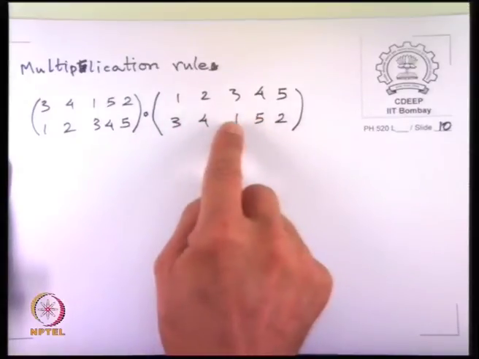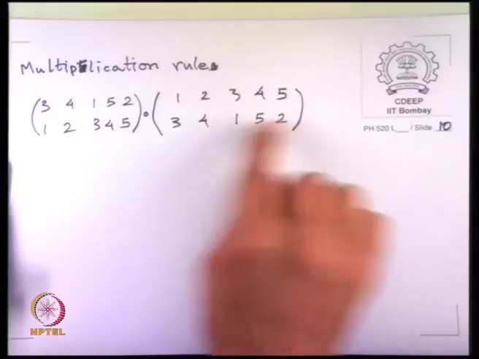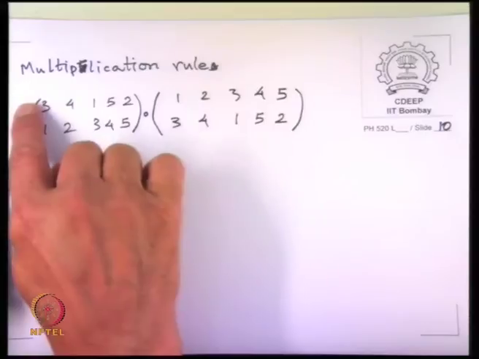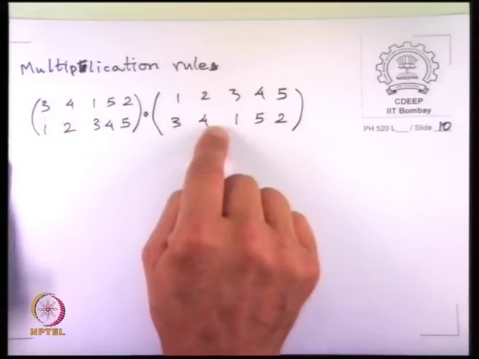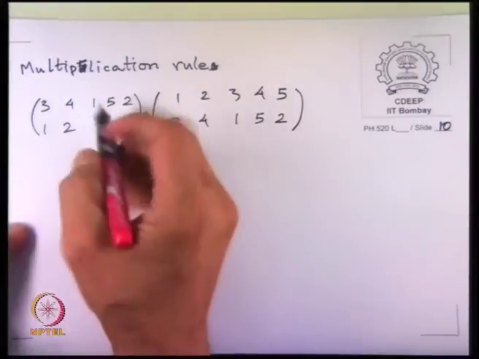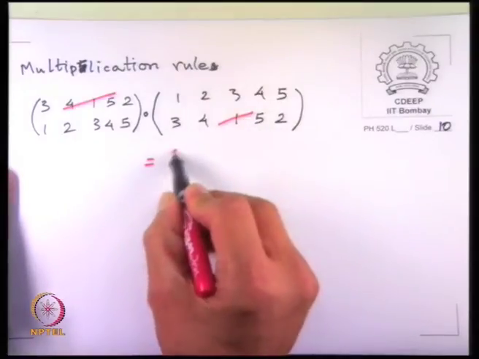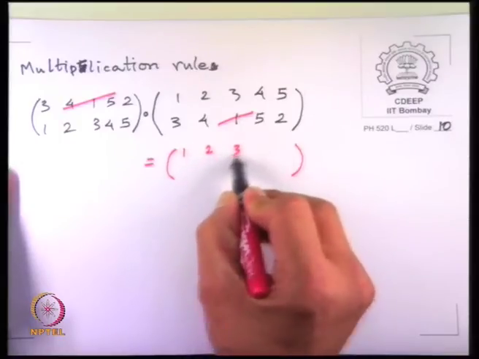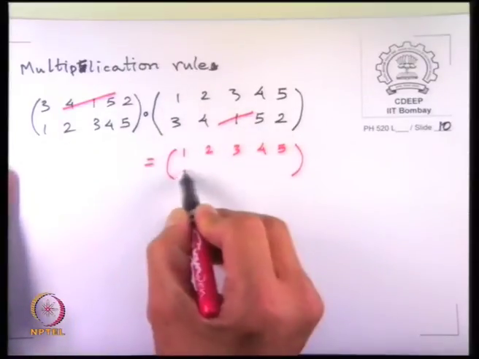If the lower row of this element is the same as the top row of this element, I can cancel the two, and get equal to what? Identity. Then I just compactify and write this down.